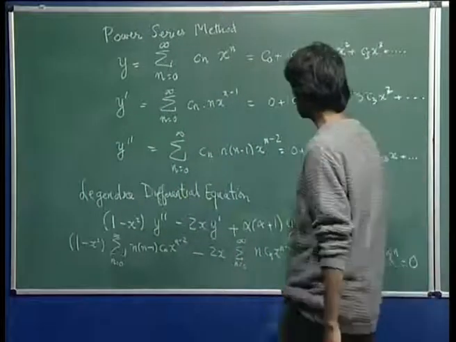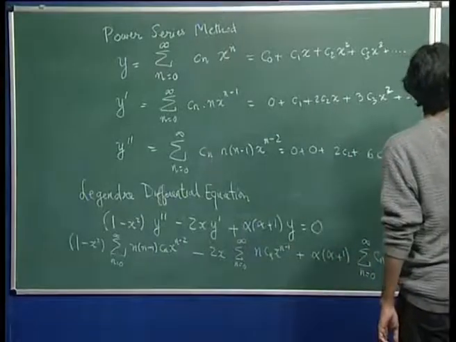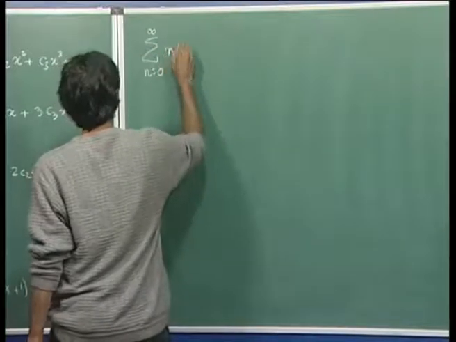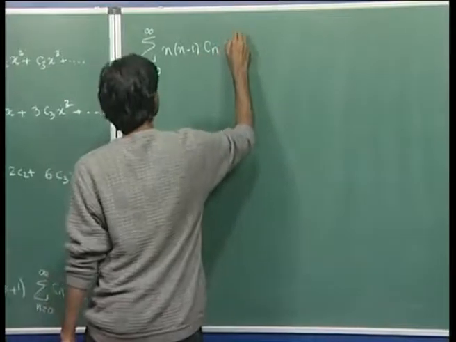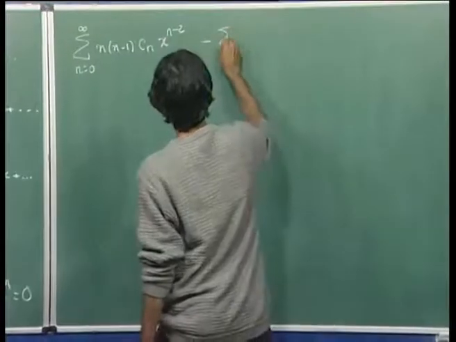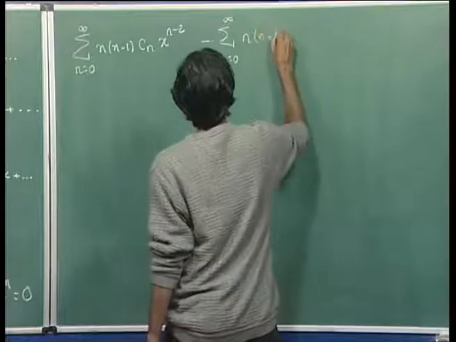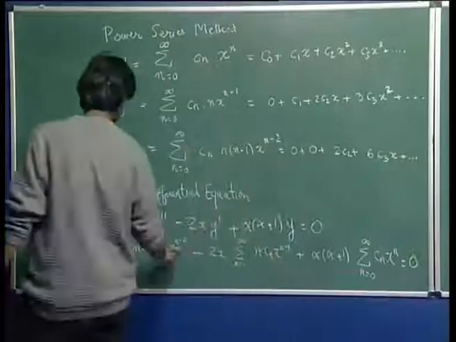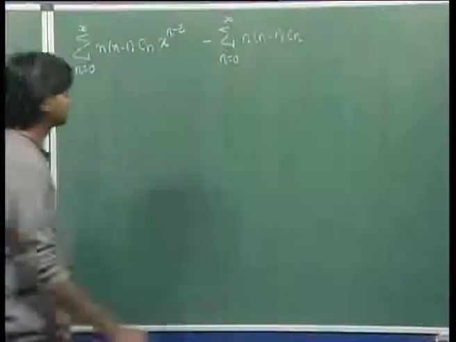So, when we expand this out, you will have something of this form, sum over, the first term will be n (n minus 1) C n x raised to n minus 2. The second term, n (n minus 1) C n, and then what you had is an x square multiplying x raised to n minus 2. So, x square multiplying x raised to n minus 2 gives x raised to n.